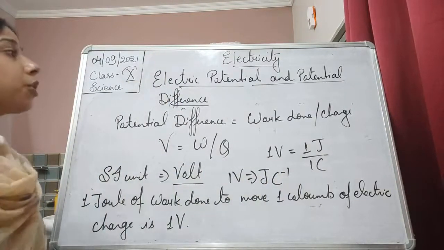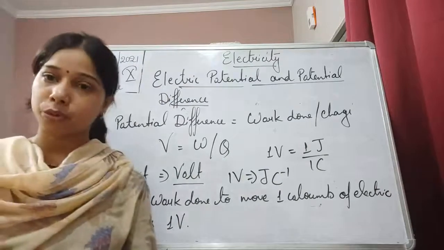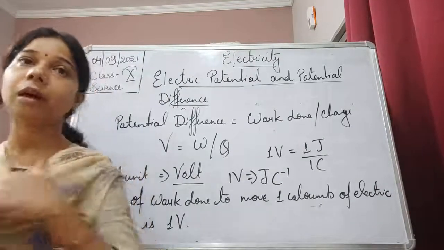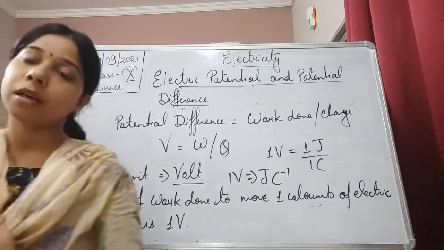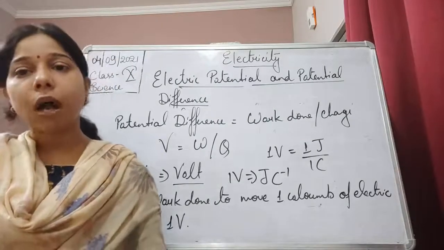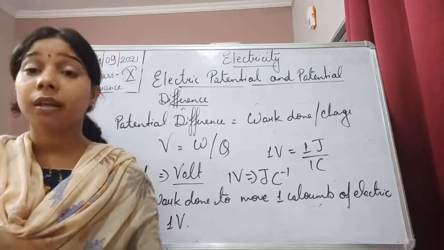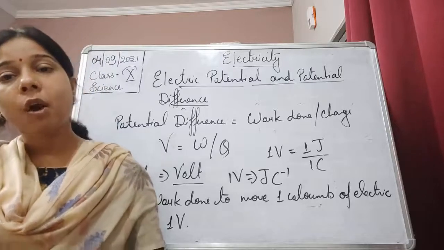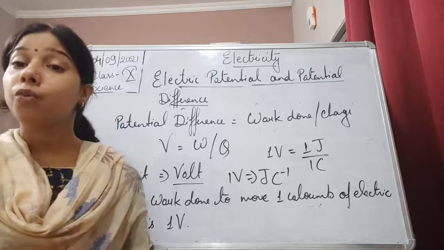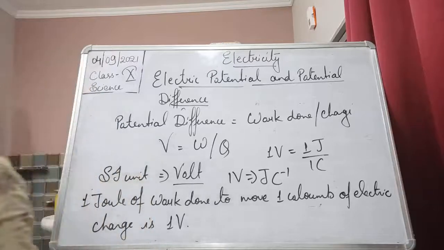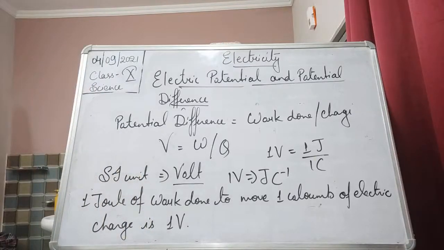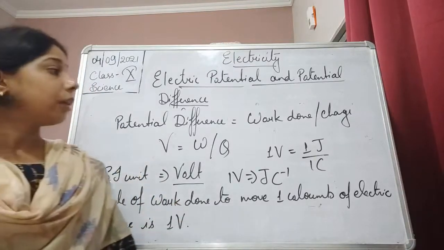Now, how will this potential difference be found, students? See, if we want to find the amount of current flowing through a circuit, we use an ammeter. So how can we find the potential difference? Potential difference can be found with the help of an instrument called a voltmeter. So the voltmeter is the device by which we can find the volt here.